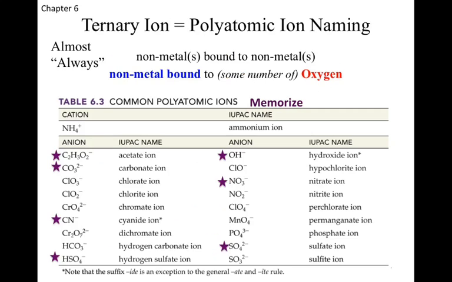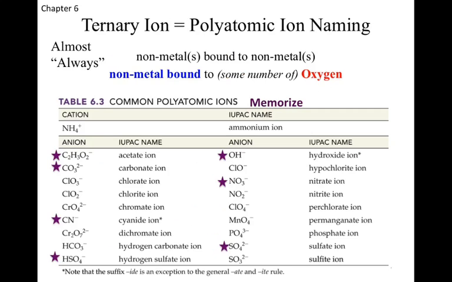So in other cases, if we bound a nonmetal to a nonmetal, we might expect there to be no charge. In the case of a polyatomic ion, there is a charge. Okay, so remember that. Also, in most circumstances, we are looking at that nonmetal bound to some number of oxygen atoms.